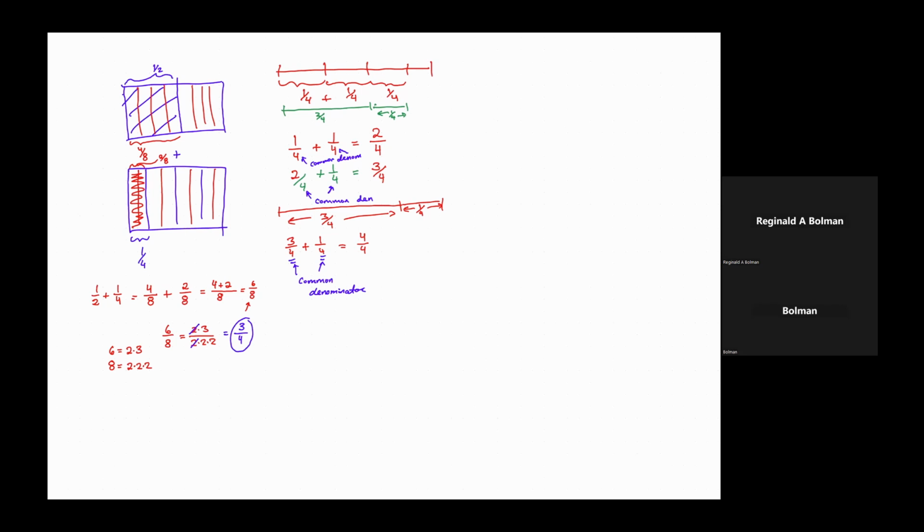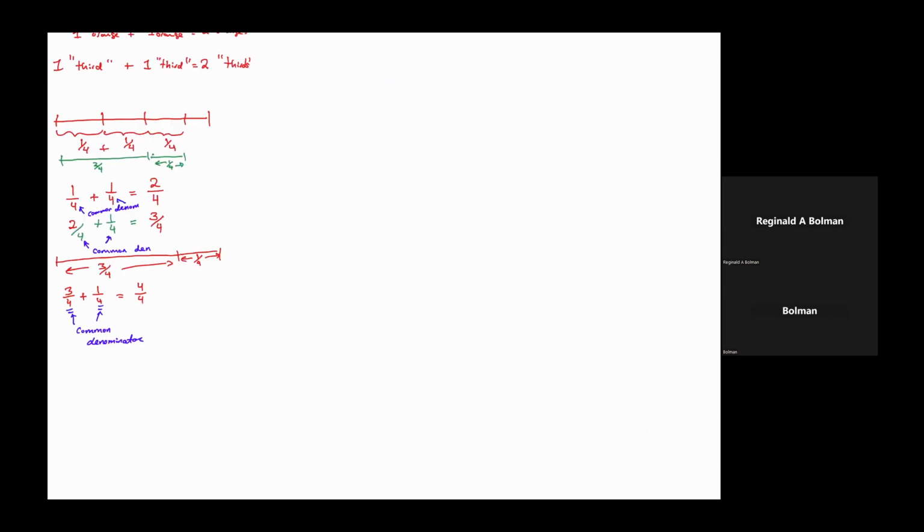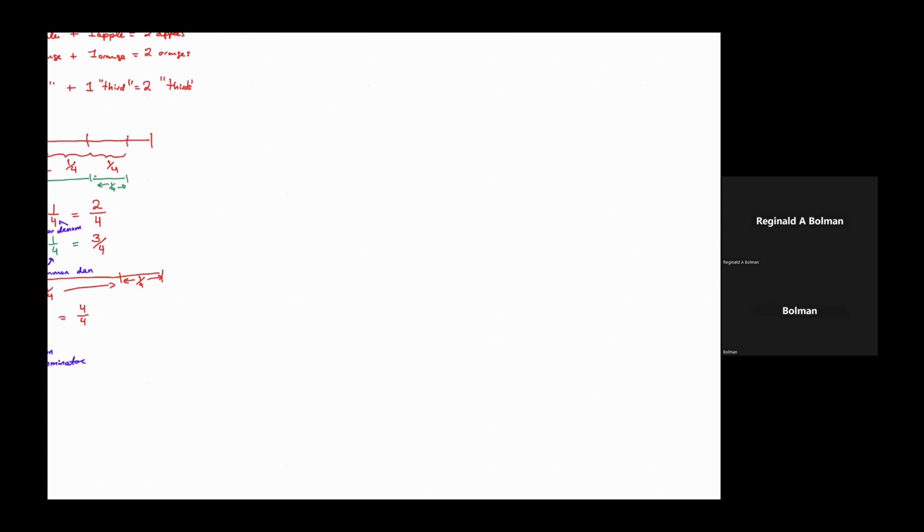Interestingly, we might have gotten an answer to this problem a little bit faster if we had considered, instead of slicing the candy bar into pieces of 8, taking our 1/2 of a candy bar and slicing it into pieces of 4.